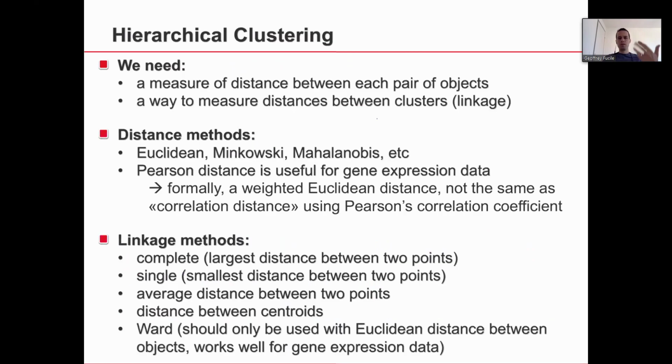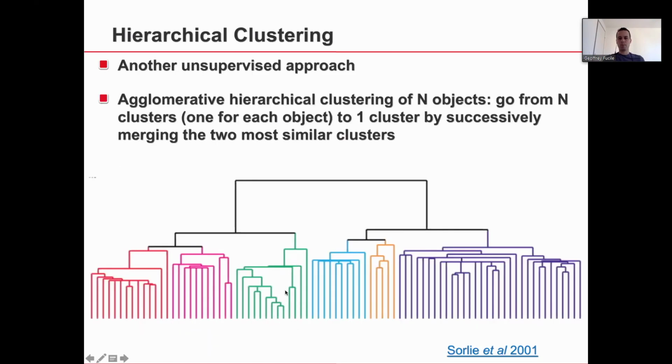To do this, you need a couple of things. You need a distance between the objects themselves, which in this case is our samples. And then you need a way to measure distance between the clusters. By cluster, I mean, for example, what's the relationship between all of these guys here to any other particular sample? Because as we collect these together, we make sort of another grouping. So we need to define the distance between any two samples, and then a distance between the groups and other samples, for example.